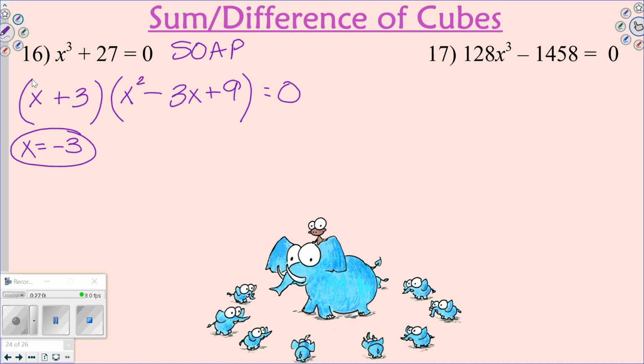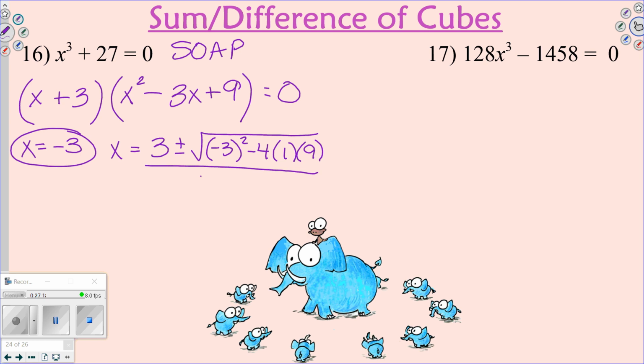All right, so then we have x equals -b, which is 3, plus or minus, b squared minus 4 times a times c all over 2 times a.